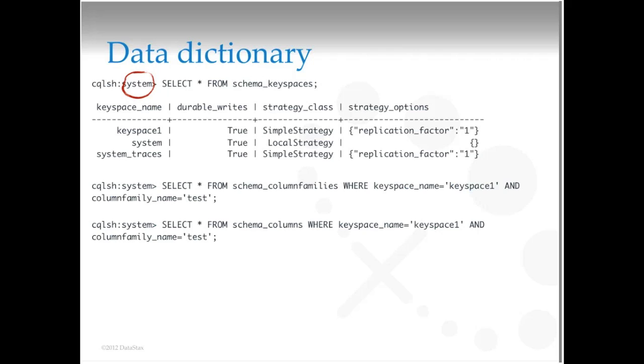Now, one other thing worth pointing out about the strategy options and other places where we have a set of options in the schema, for instance compression options or compaction options, both of which are per column family: we've changed those to be maps now that we have this native map data type in Cassandra.